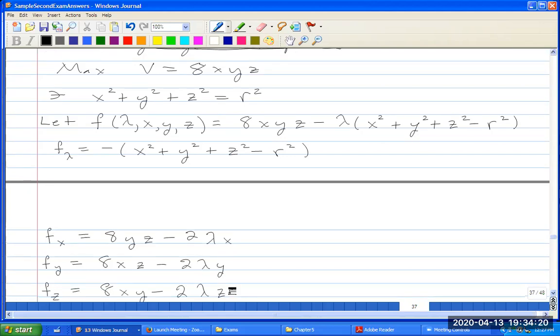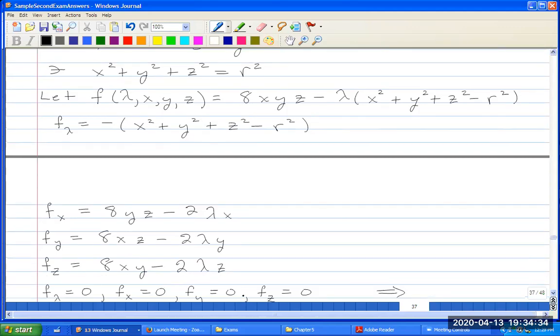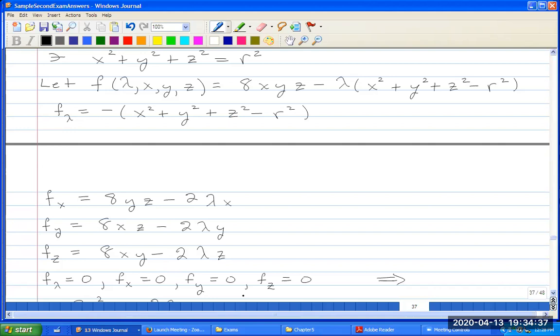The partial with respect to z is 8xy minus lambda times 2z. If I want to find the critical numbers, I set each of these equal to 0. This is defined everywhere, so I don't have to worry about when this is not defined. So I set these equal to 0 and solve for lambda, x, y, and z.